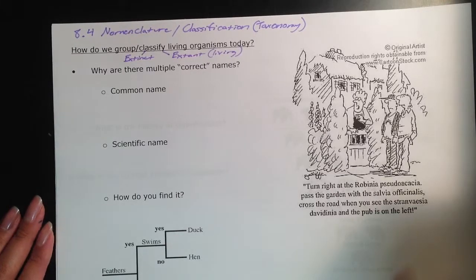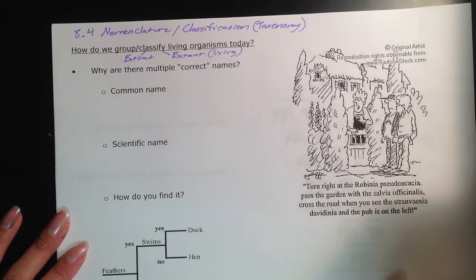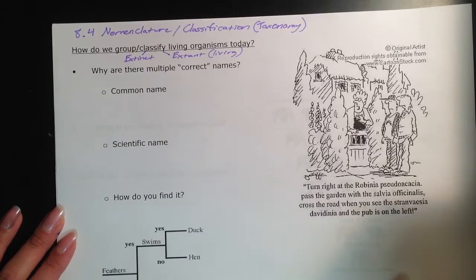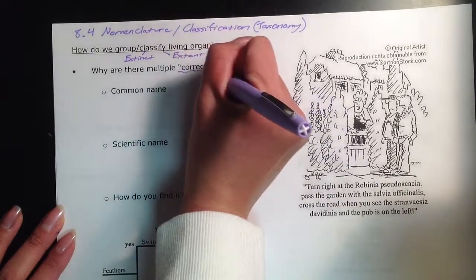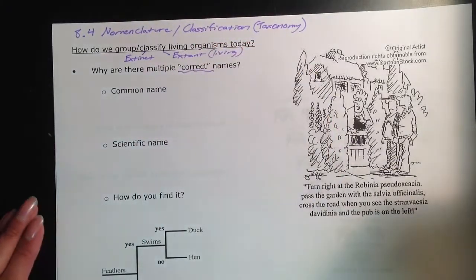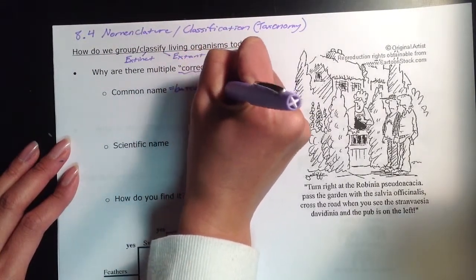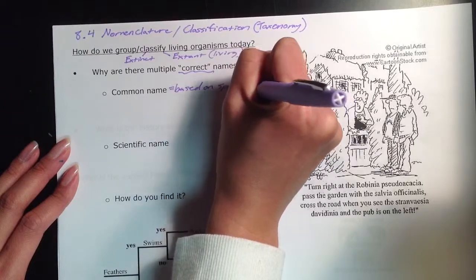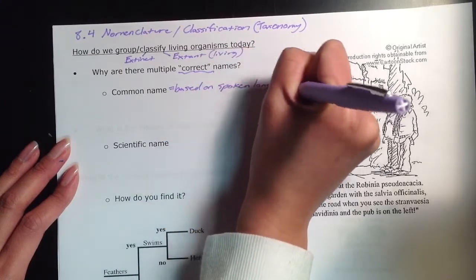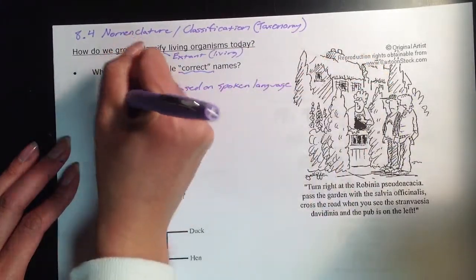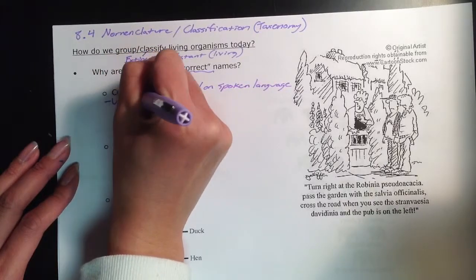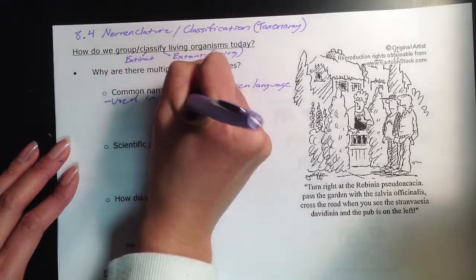Now, there are multiple correct names for an organism, and oftentimes these correct names are referred to as the common name. The common name is going to be based on the spoken language and is often used in colloquial language.